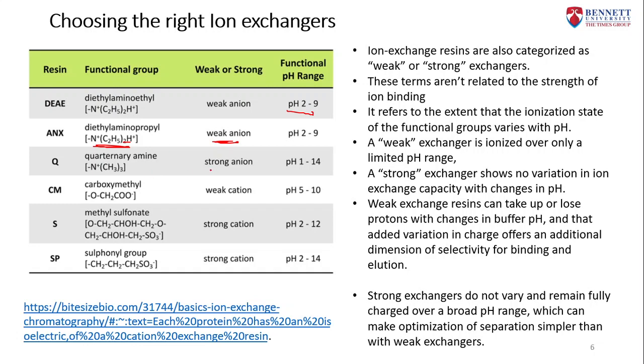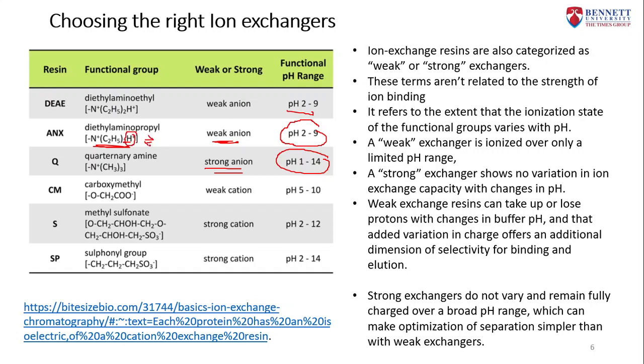The quaternary amine, in contrast, is a strong anion exchanger and it has a higher pH range at which it binds. So this is a more strongly present positive charge, and it would be operational at all pH. So why does the pH come into the picture? Because as you increase the pH towards more alkaline pH, this H plus will be gone.